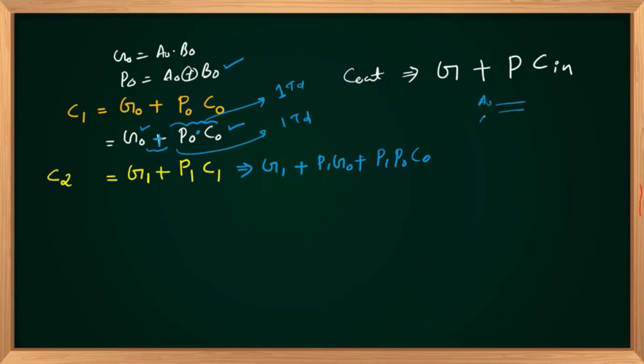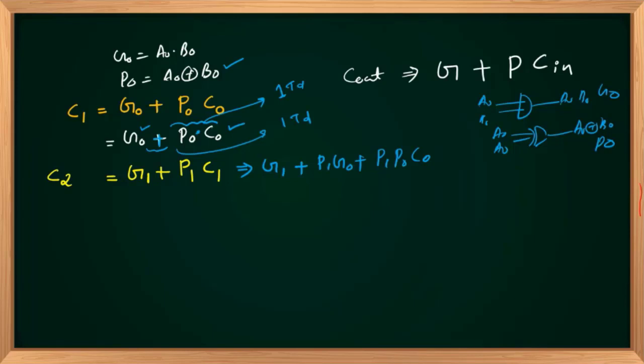I can connect A0 and B0 to the AND gate to get A0 B0, that is my G0, and I can use one XOR gate to produce my P function, P0, that is A0 XOR B0. So once A0 and B0 are ready, one gate delay to produce P0 and G0, then another gate delay to produce the product P0 C0. Again, one more gate delay to produce the OR operation between G0 and the product P0 C0.